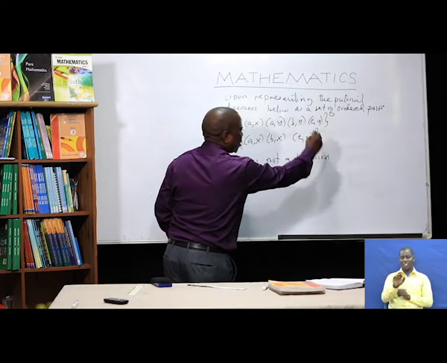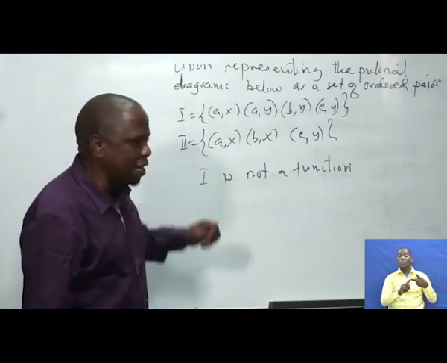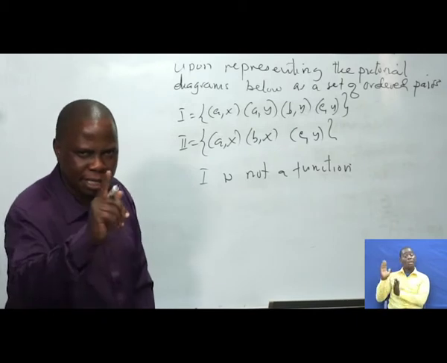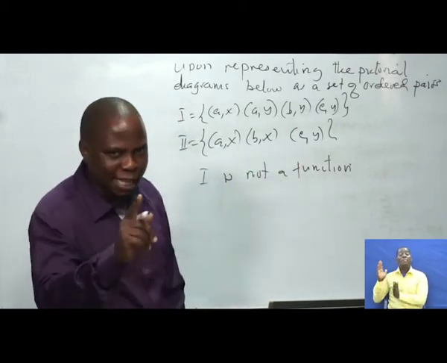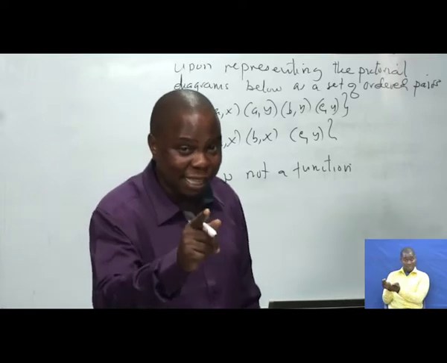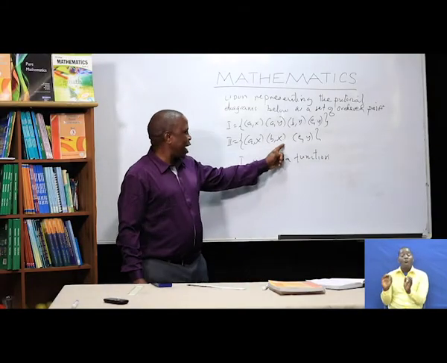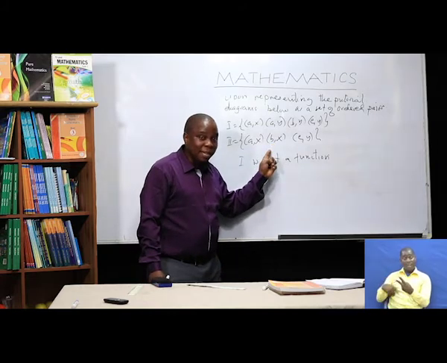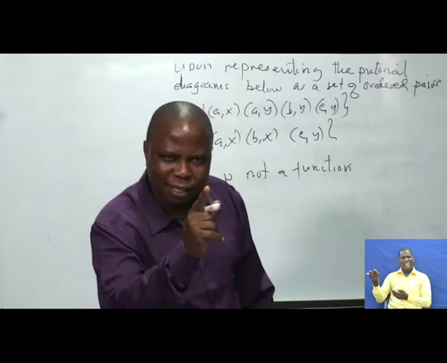If you come to the second here, what is the first entry in the first ordered pair? It is A. Is there any other ordered pair which has got A? No. In the second ordered pair, the first entry is B. Out of our three ordered pairs, is there any other which has got B?